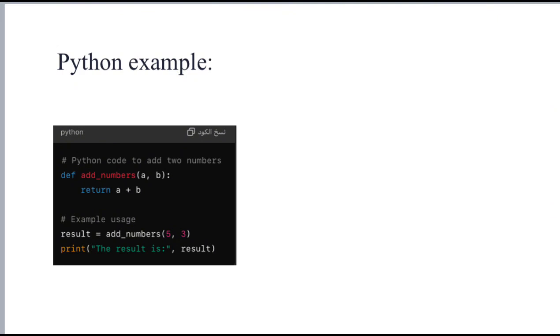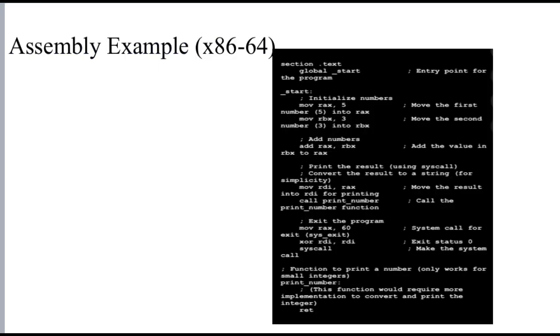Number three, calling the function: result = add_numbers(5, 3) calls the function with 5 and 3 as arguments. Number four, printing the result: print(result) prints the result to the console. Okay, this is a simple example.